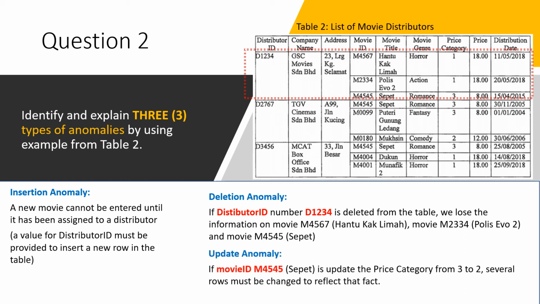For the update anomaly, if the movie Sepet is updated with the price category from 3 to 2, several rows must be changed to reflect that fact. Again, we need to find line by line the record for Sepet, which we want to change the price category from 3 to 2.